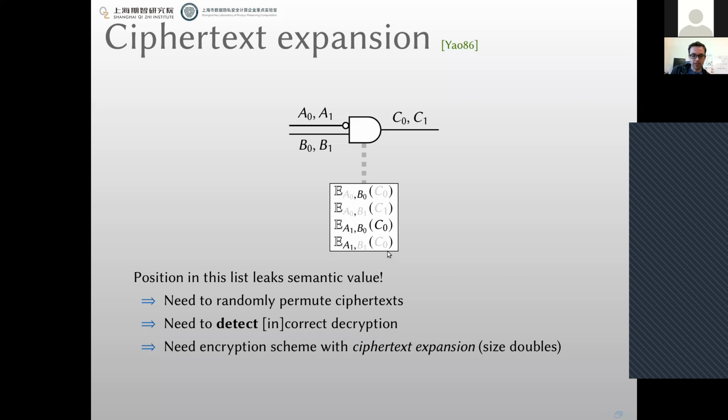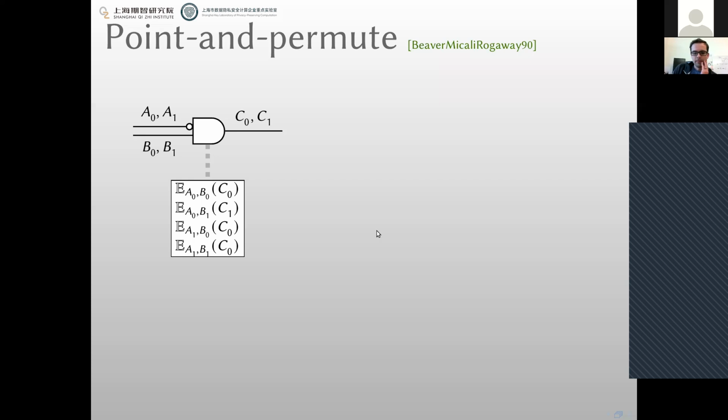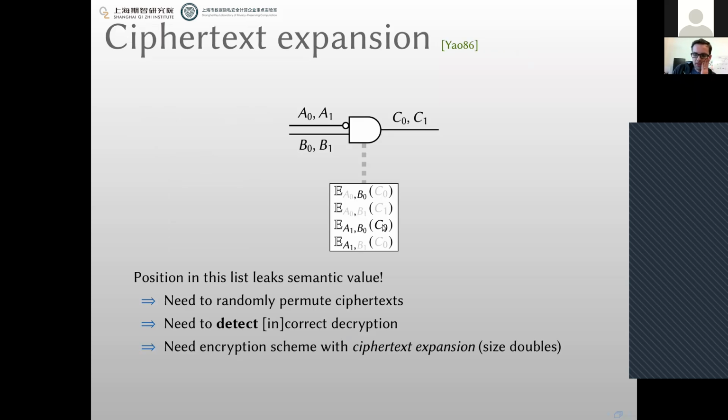Basically, that means the ciphertext needs to be longer than these wire labels. In particular, if the wire labels are 128 bits, you probably need ciphertexts that are 256 bits long. So each of these ciphertexts is maybe 256 bits long.